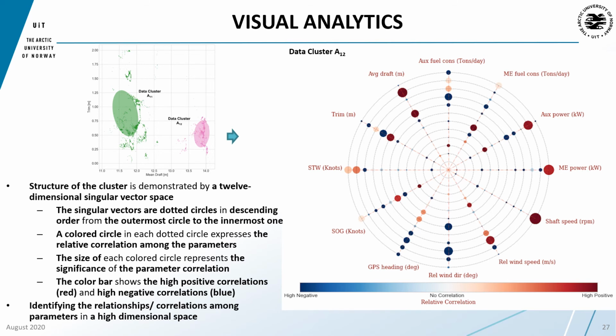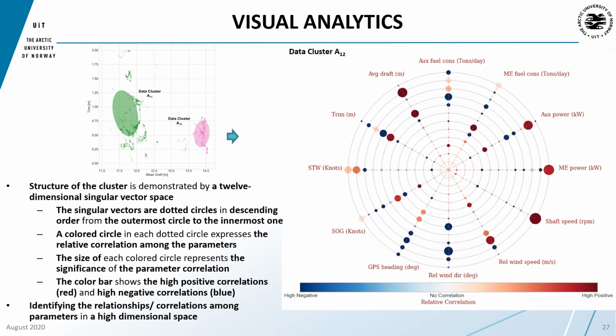Let's talk about visual analytics. We chose the data cluster A12 in pink color for the purpose of illustration. We were investigating the structure of this cluster, and it is demonstrated by a set of singular vectors. In this case, a 12-dimensional singular vector space, as you can see from the figure on the right-hand side. So the singular vectors are dotted circles in descending order from the outermost circle to the innermost one.